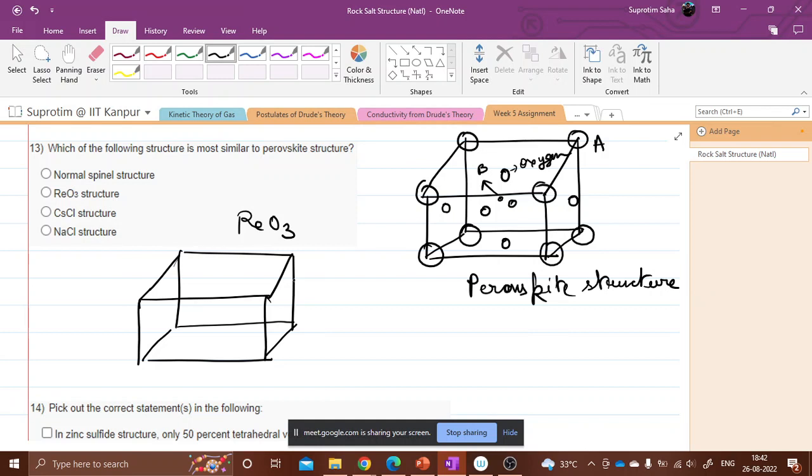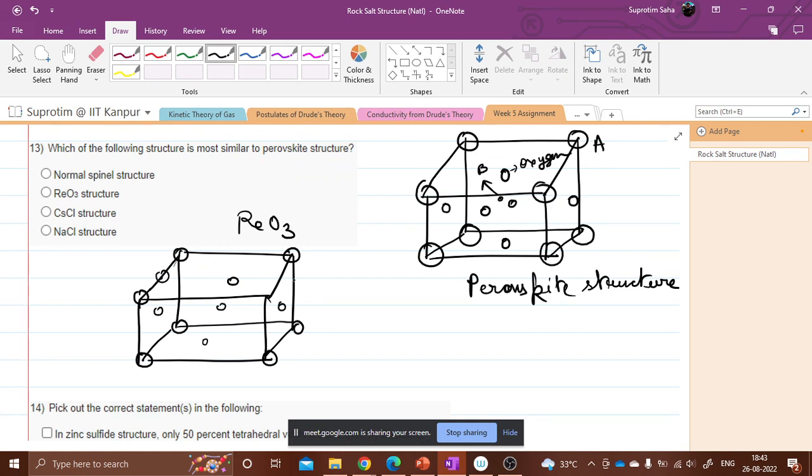So basically, M will be at the corners, and your X, which is oxygen, will be at the faces. Also this.